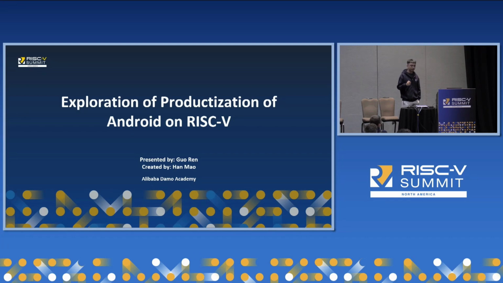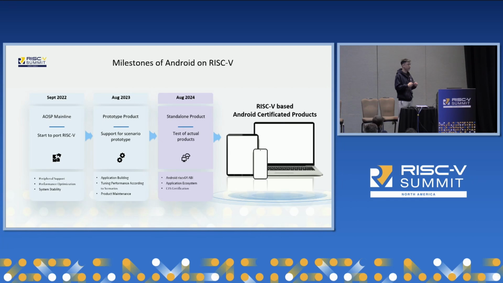Today, I will share some experience about our productization of Android on RISC-V. During recent years, we have put a lot of effort into RISC-V Android productization, and we have reached some milestones.